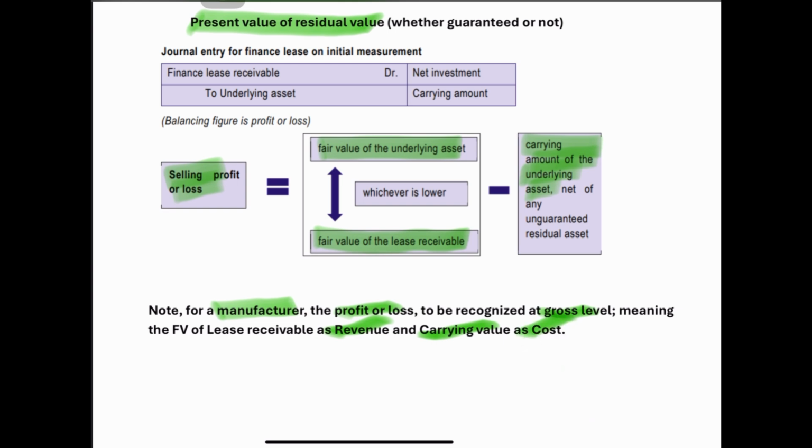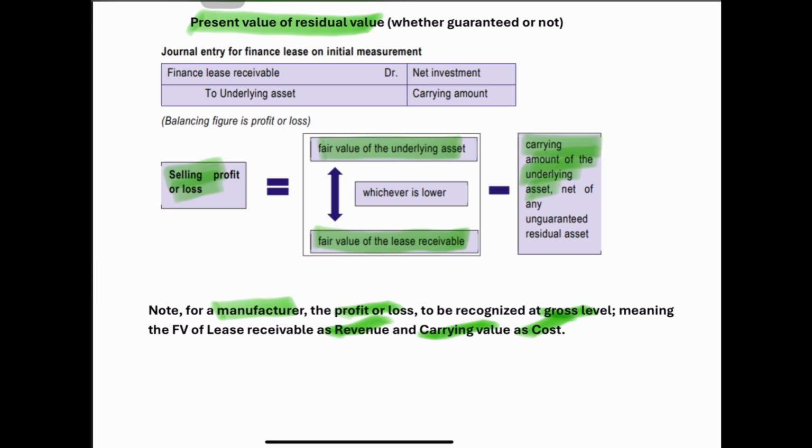So instead of recording the profit or loss directly into P&L, for a manufacturer or dealer you recognize revenue as the turnover of the entire lease rental to be received, and you recognize the carrying value of the asset as your cost.